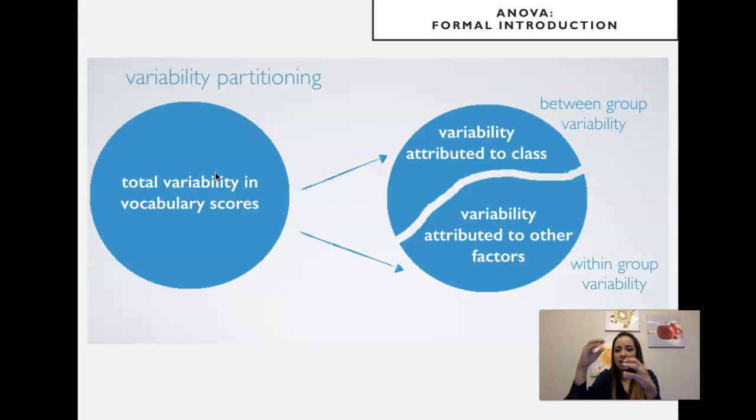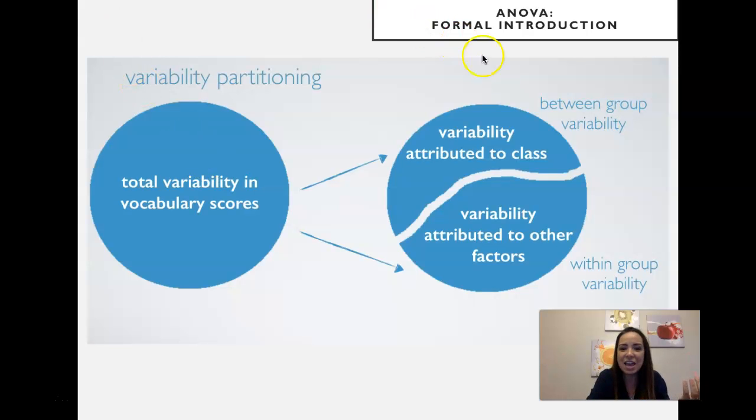But if I have the means for the different groups being far away from the overall mean, right? One group is above the overall mean, the other group is below the overall mean, one group is a lot above the overall mean, the other group is just a little bit. Then it's telling me that the variability attributed to class, or to group, is pretty high, right?